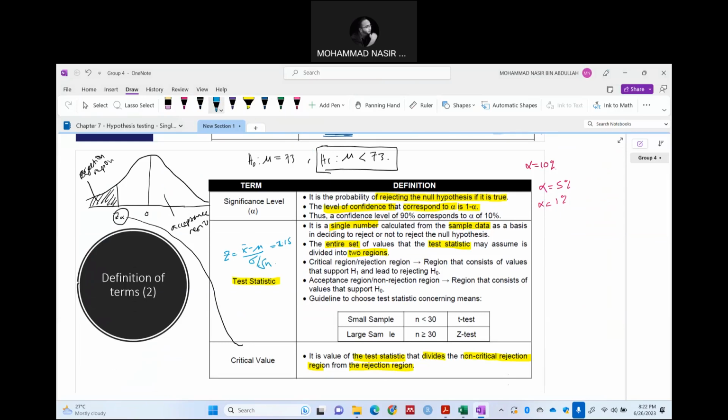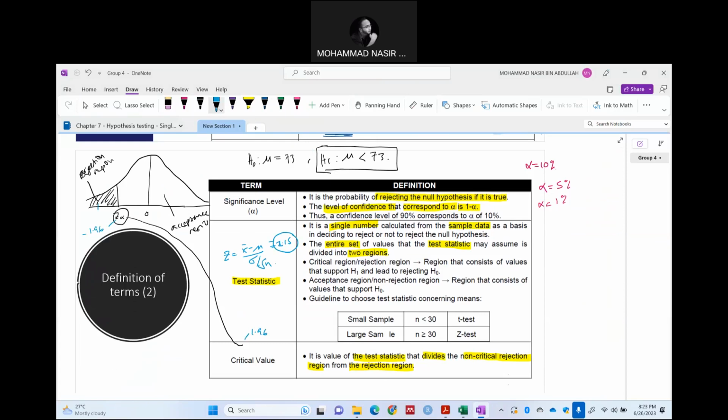Right, let's say Z alpha is equal to 1.96. So since this one is 1.96, this is negative 1.96, and this is negative 2.15. So negative 2.15 lies inside the rejection region. This is an example, we will look at the details later.